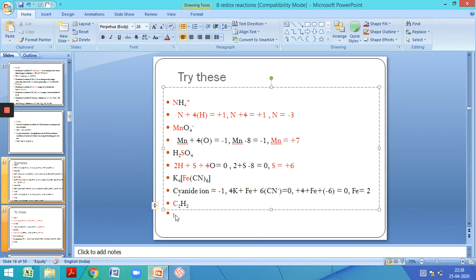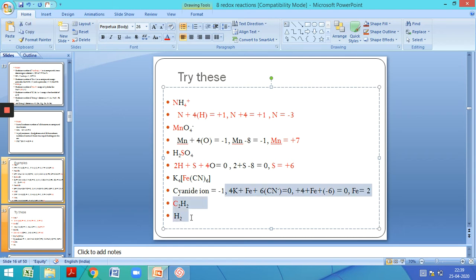Oxidation number of carbon in C2H2. So here you have 2 carbon and 2 hydrogen, and you have to find out the oxidation number of carbon. The oxidation number of 2 carbon atoms plus 2 hydrogen atoms is 0.